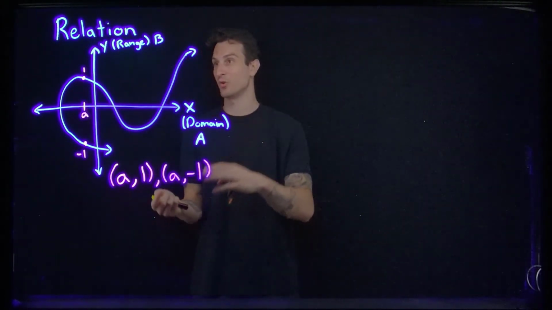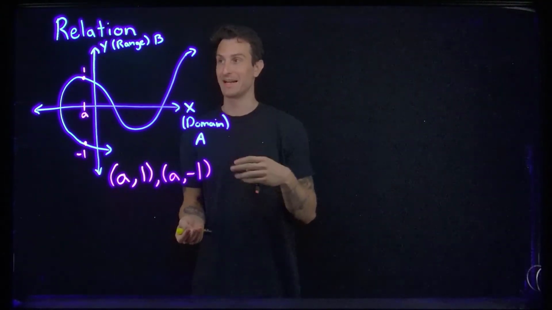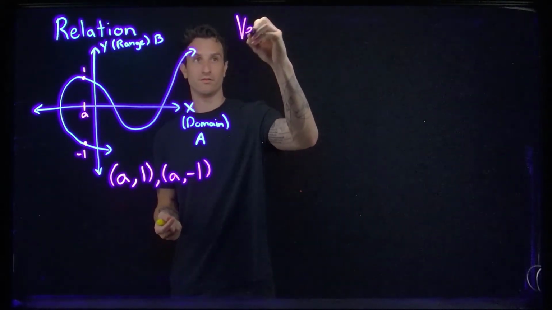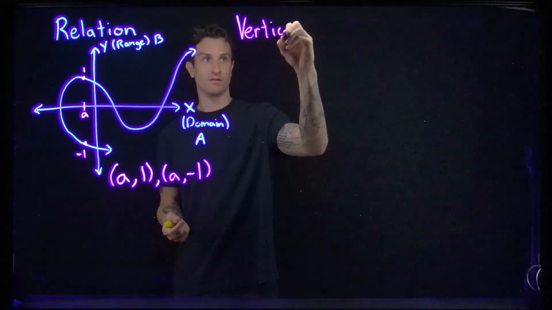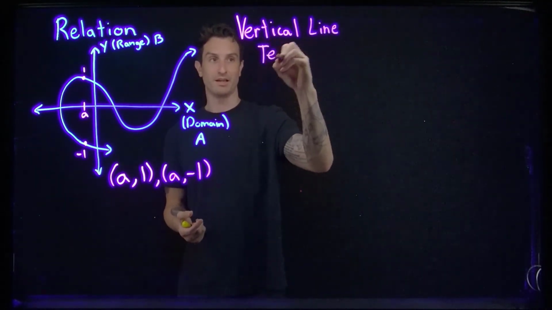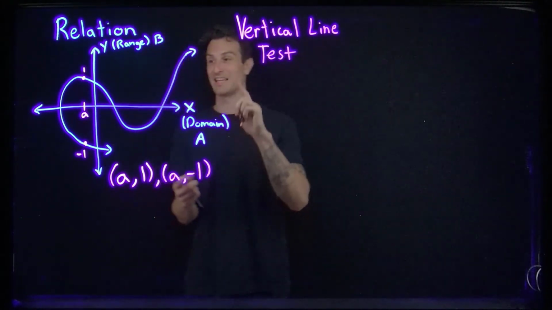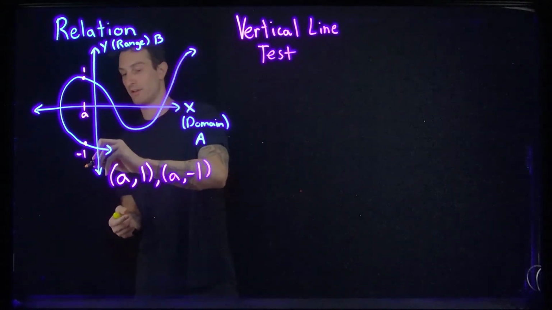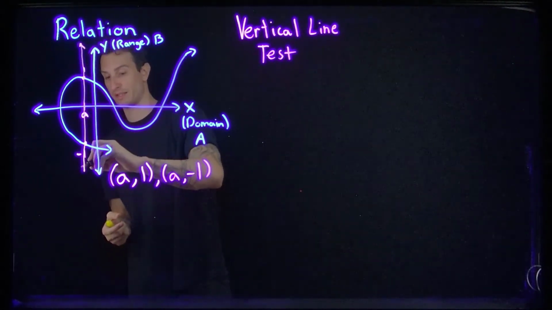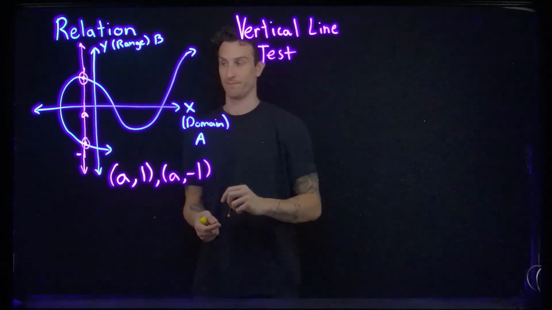The test that we would normally use to see if something is a function, which we'll talk about in a second, is what's called the vertical line test. And all this says is that if I can draw a vertical line anywhere on my graph and hit 2 points, so in this case, if I draw a vertical line and I hit 2 points on my graph, then I know it's not a function.